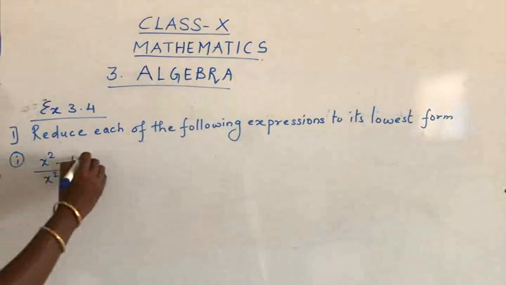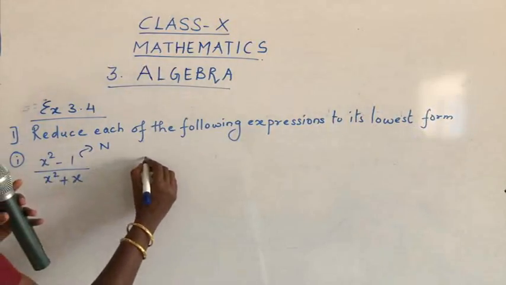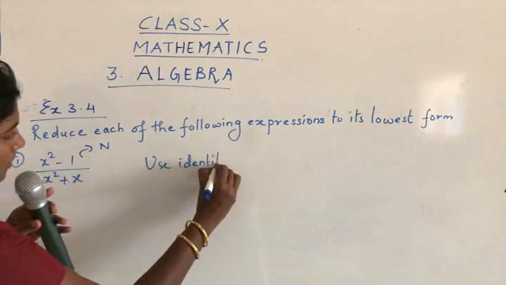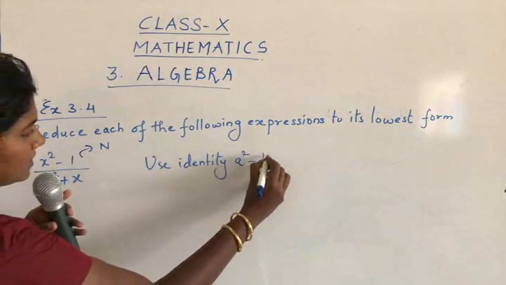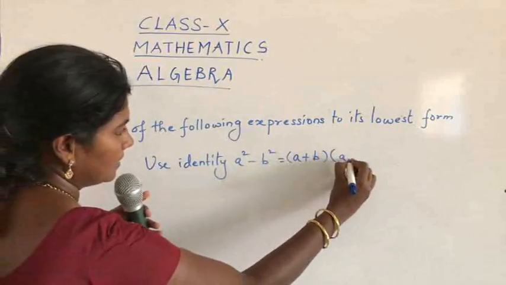Now let's see the numerator part. In the numerator part, we can use the identity a square minus b square is equal to (a plus b)(a minus b).